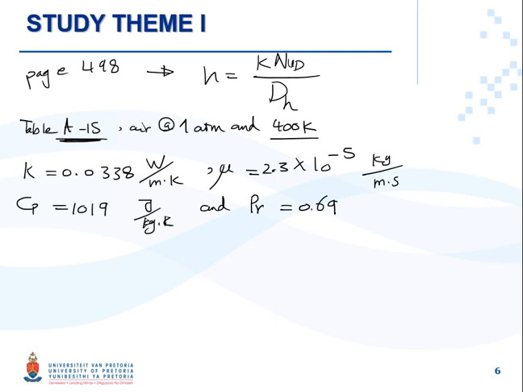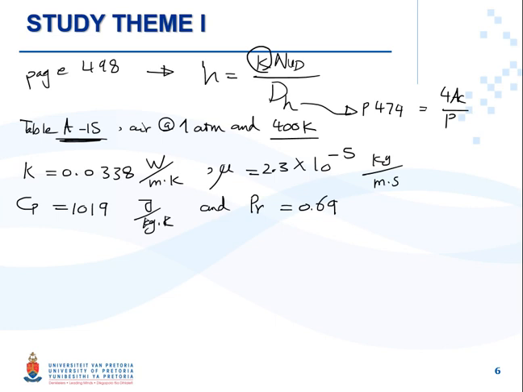But let's say, okay, we want to find H. We have K. How about this DH? If you go to page 474 of your textbook, you can see that it is equal to 4 AC divided by P. So it can easily be found.